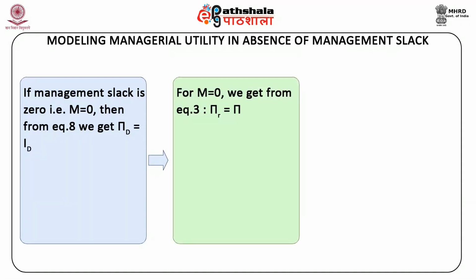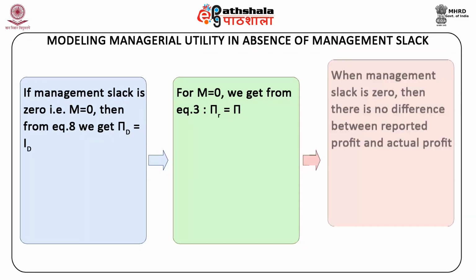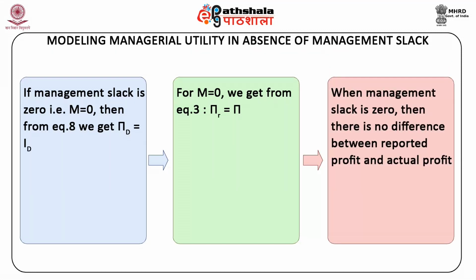Similarly, for m is equal to 0, we get from equation 3 that pi r is equal to pi. Thus, when management slack is 0, equation 9 and equation 10 state that there is no difference between reported profit and actual profit, as a result of which discretionary profit equals discretionary investment.